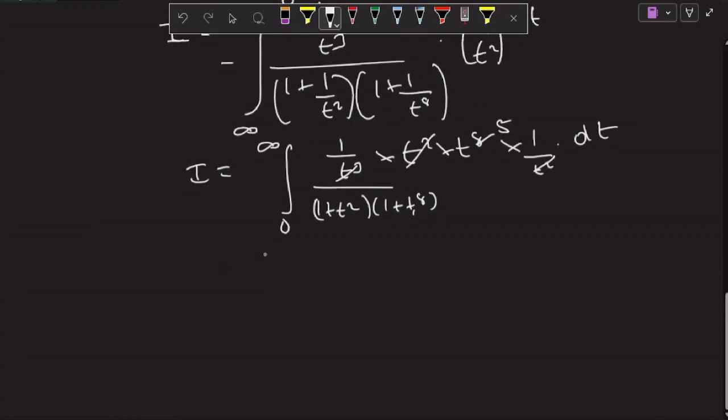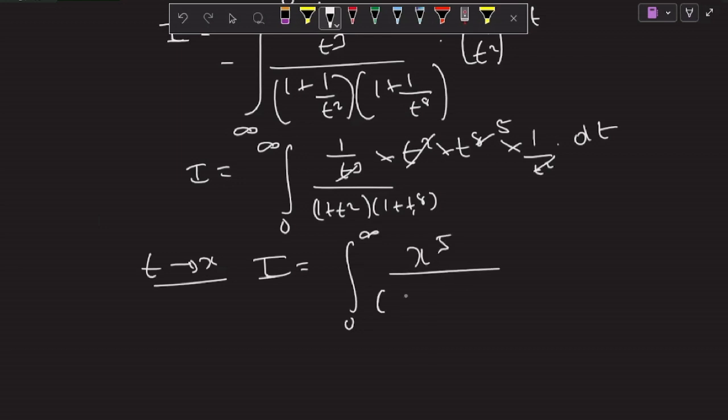And we again change the variable from t to x, since it will not change the value of our integral. So I becomes the integral from 0 to infinity of x to the power 5 upon 1 plus x square into 1 plus x to the power 8 dx.